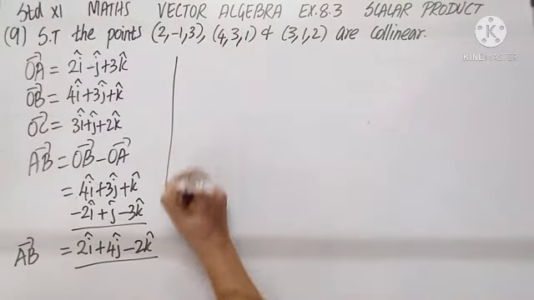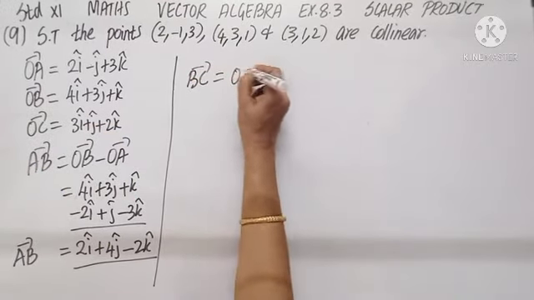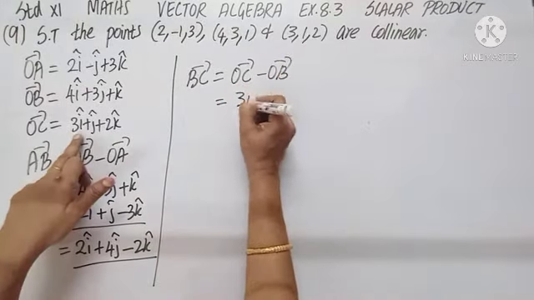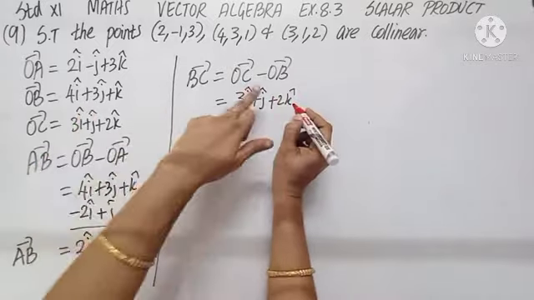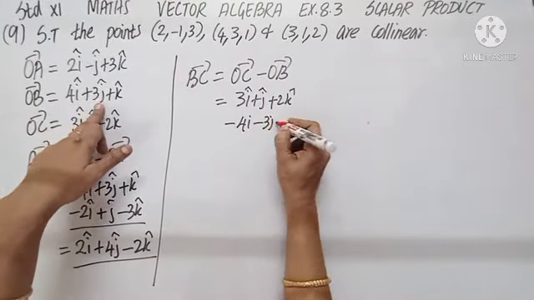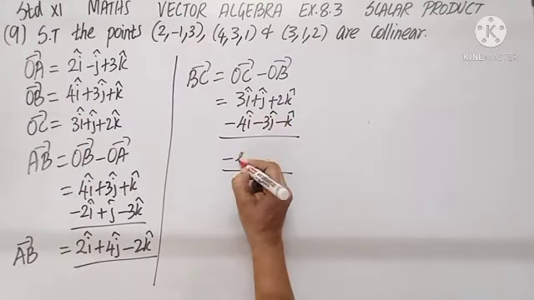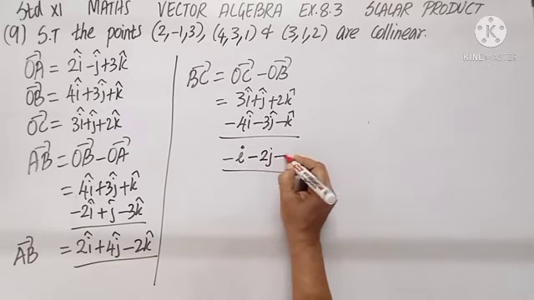As we derive the BC vector, it is OC minus OB. The OC vector 3i plus j plus 2k minus OB, change the symbol, minus 4i minus 3j minus k. As we simplify, it is minus i minus 2j plus k.